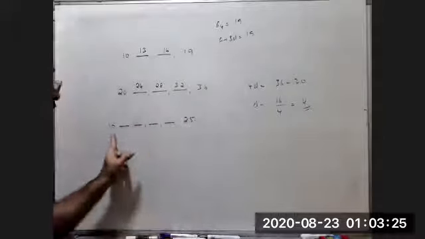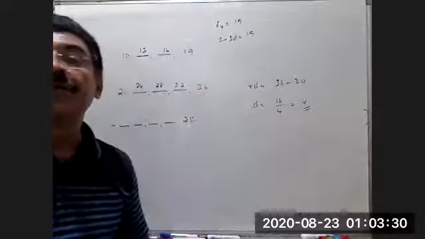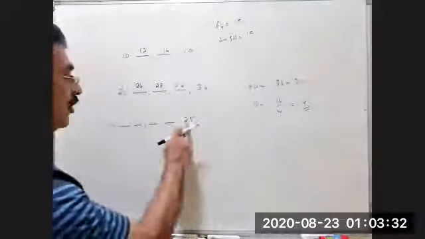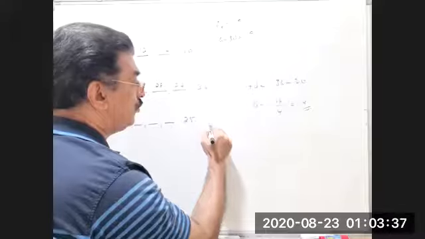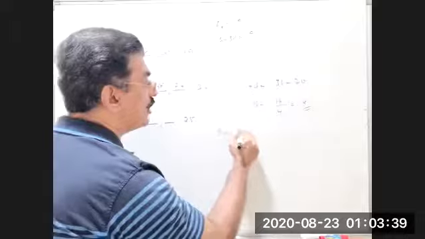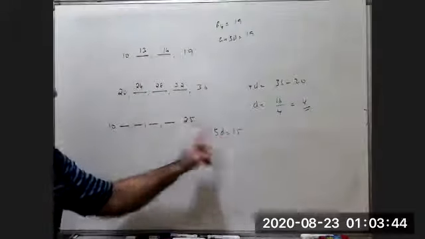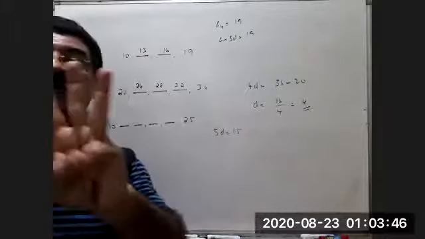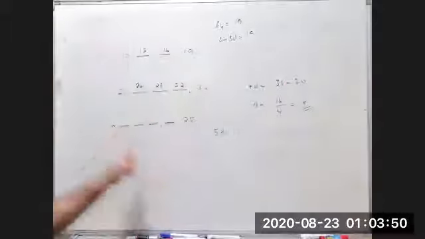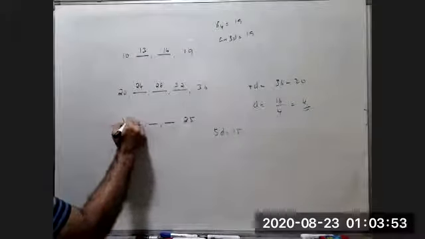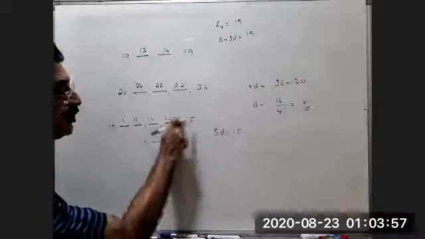That means the difference between these two will be 5 times d. What is the difference between these two? 25 minus 10 is 15. So this 15 is 5 times d. If there are 4 numbers in between, 5 times d is 15. So d is 3. If we keep on adding 3, we can fill those numbers: 13, 16, 19, 22, and definitely 22 plus 3 is 25.